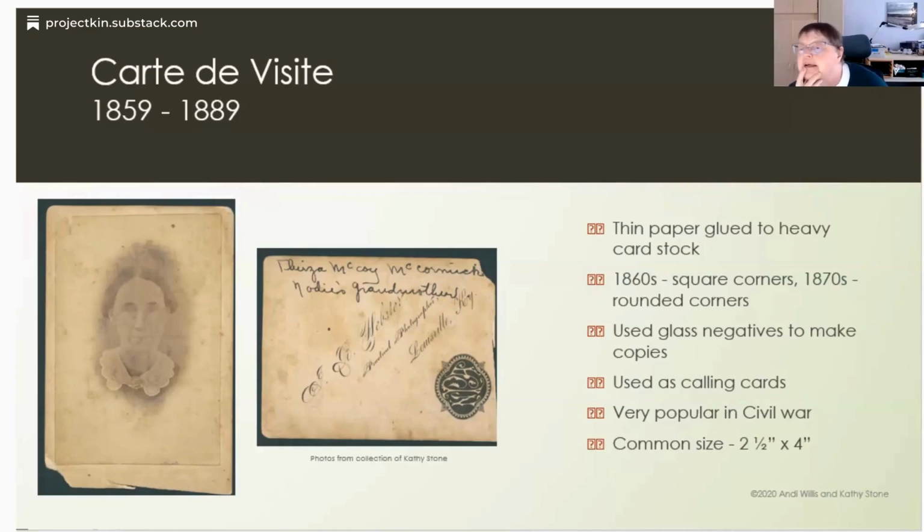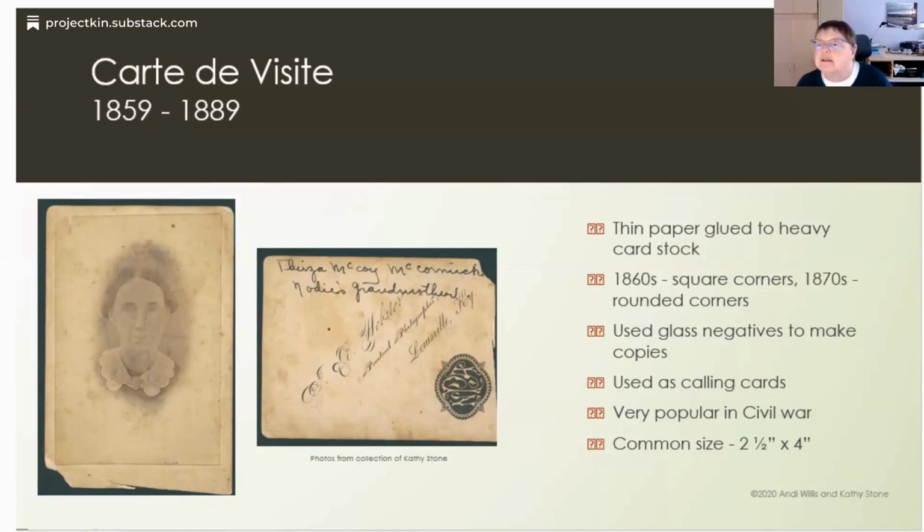And I think, Barbara, I sent you a link to Cindy's list of photographers, which is another good place to look. Other characteristics that can help us date them: as the note says there, they were very popular in the Civil War, and you'll find images of the war and soldiers often on these little cartes de visite.